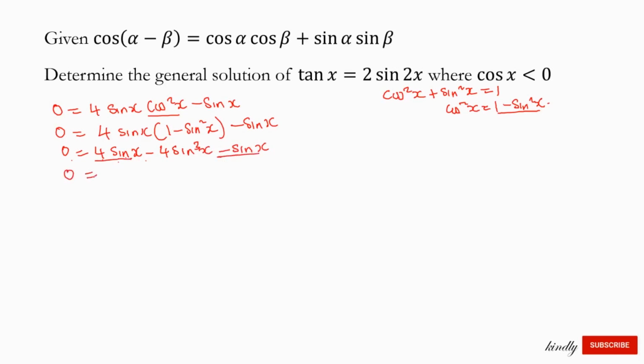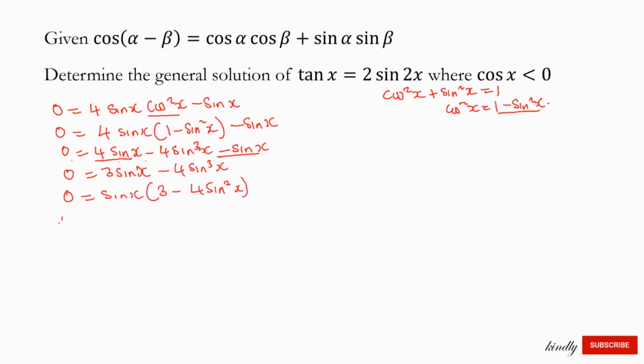So 0 is equal to 3 sine x minus 4 sine cubed x. Do we have a common factor here? Yes, we have sine x, so we can factor it out. 0 is equal to sine x times 3 minus 4 sine squared x.